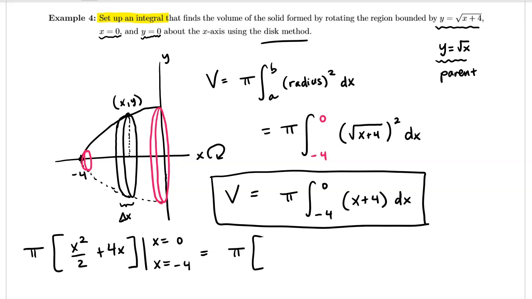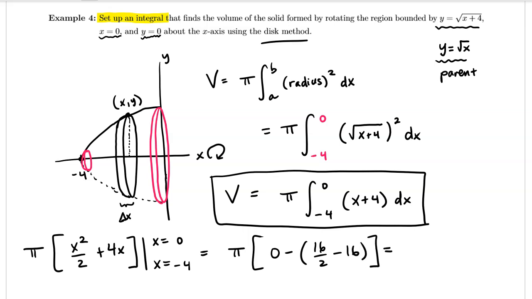Okay, so now I am plugging in 0, so that's going to be 0 minus, and then now we're plugging in -4, so that's going to be 16 over 2 minus 16. Okay, that's looking better.